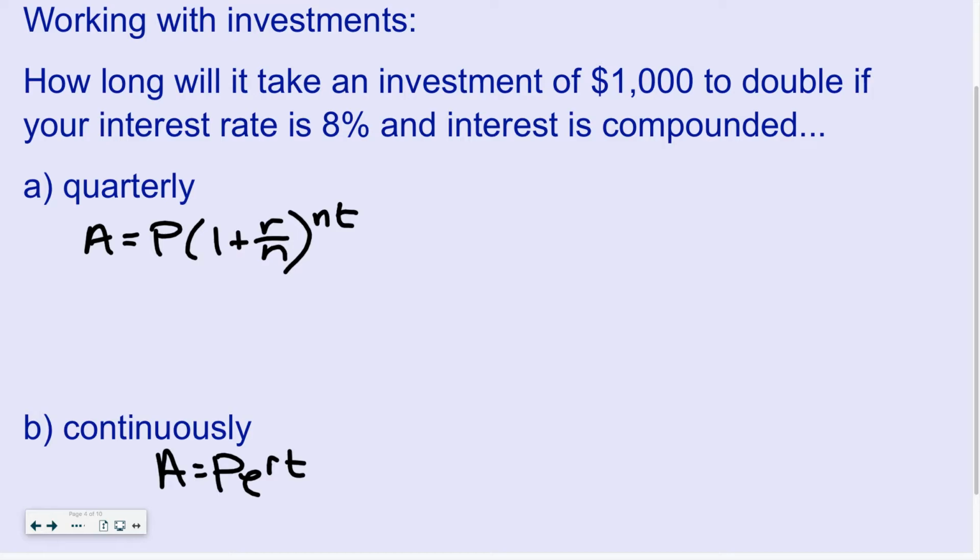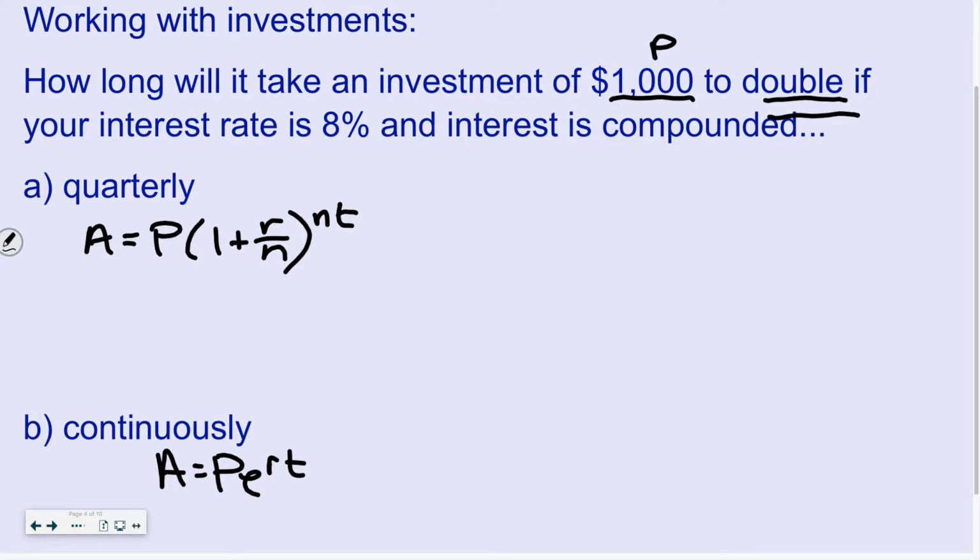Okay, so I'm going to go ahead and work these out so we can move on to our other examples. If you read the problem, you're going to pick out the stuff that you know, right? How long will it take an investment of 1,000, so that's my P, to double? What happens if you double 1,000?